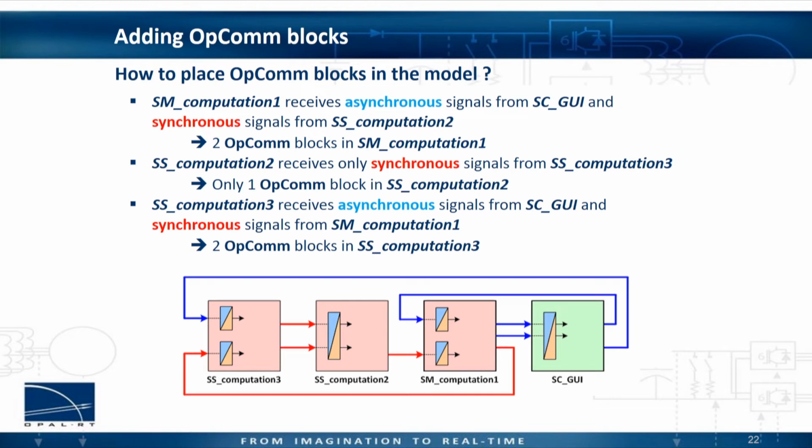If you see the SM underscore computation subsystem, there are two opcom blocks added. One of the opcom blocks is receiving a blue signal and one is receiving a red signal. The blue signal is coming from the console and the red signal is coming from the slave. If you open this subsystem and check the tabs of the opcom block, you will see the difference.